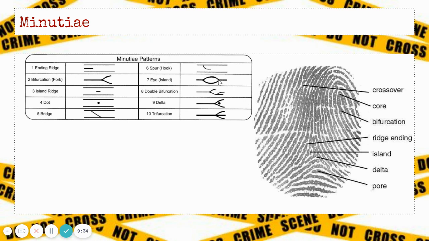I tend to use the term eye. That's what we're going to be using in class. That's where it opens up like a bifurcation and then closes again. So another bifurcation right on the other side. You could have a double bifurcation. So here you can see this is a more complicated pattern. A trifurcation even, where it splits into 3. The ones we're really going to focus on are ending ridge, bifurcation, islands, and dots and eyes. Those are really the 5 that we are most interested in.